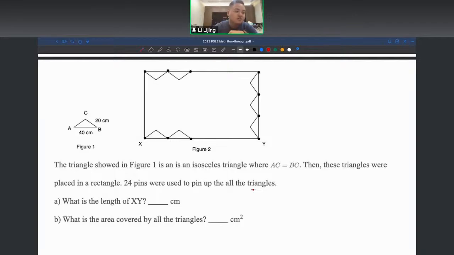This question, if you draw it out according to what the question says, you are able to find part A. For part B, I don't know what they are asking. So this one I need to cancel. We're not going through part B.